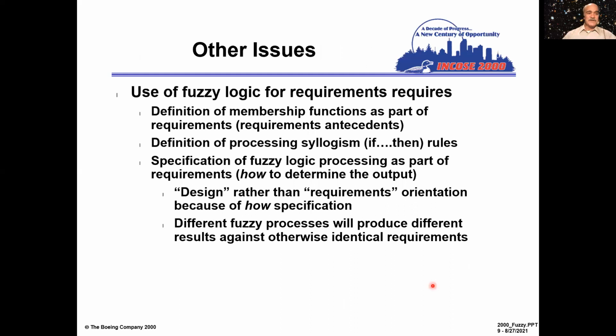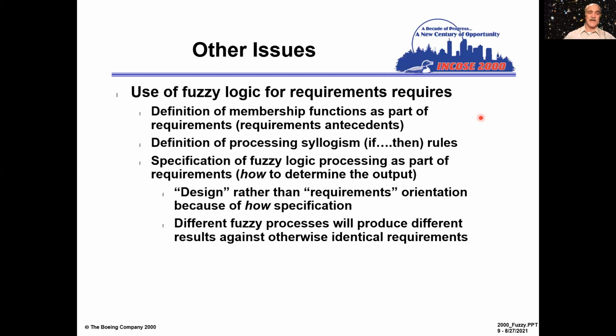So we determined that we have to do a few things in order to use fuzzy sets. We have to define the membership functions as part of the requirements. So it's not just 0 or 1 as an input. We have to say what the degree of membership is based on where you are in that total parameter space of 0 to 5.